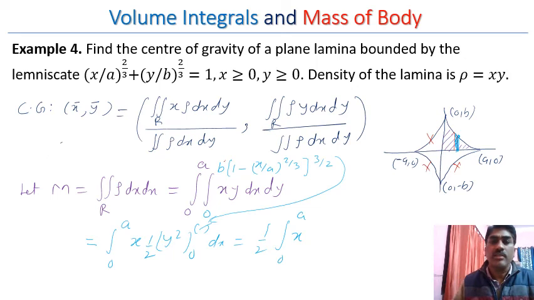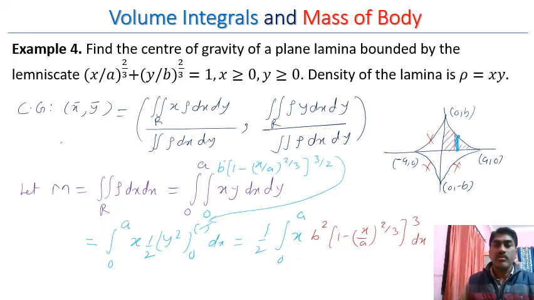If you square this, you get b squared and (1 - (x/a)^(2/3)) to the power 3, because 3/2 is the power. Now we have to integrate this as a function of x.